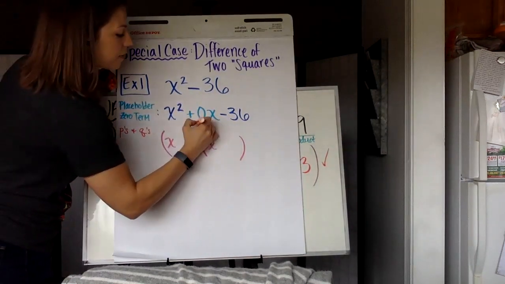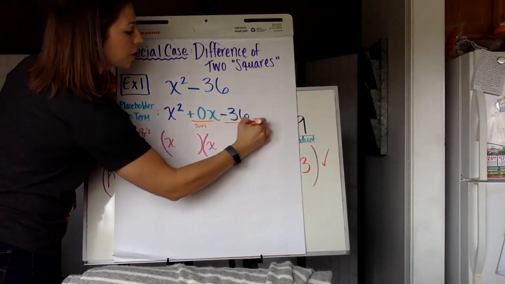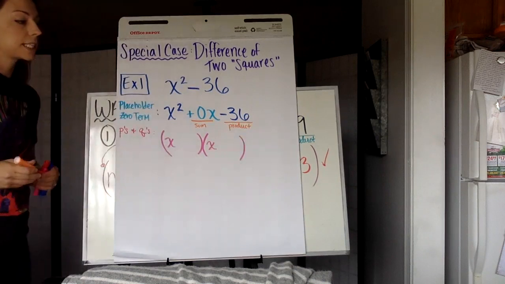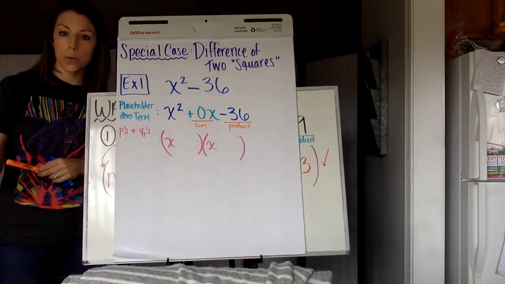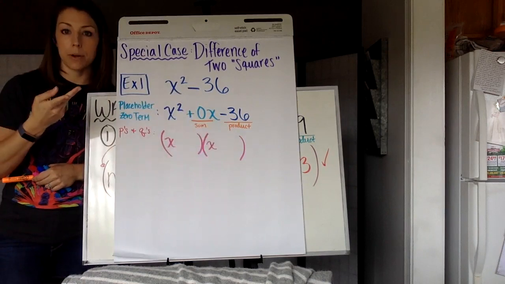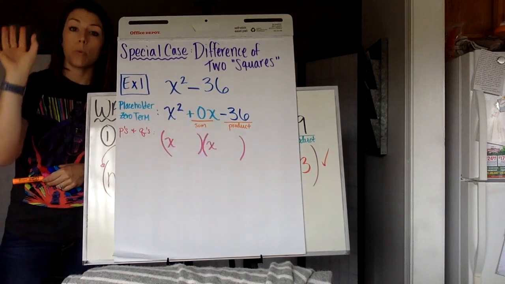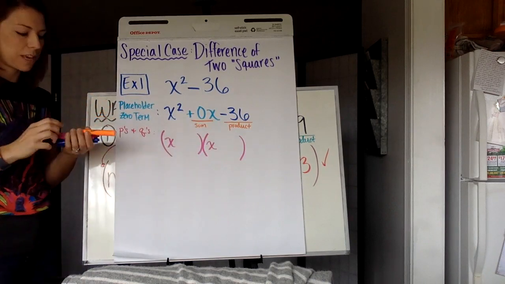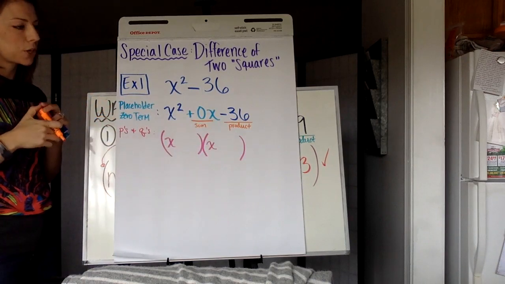What 2 numbers have a sum of 0 and a product of negative 36? Now, if you remember from the warm-up, how do we get a sum of 0? We get a sum of 0 by adding opposite numbers, meaning same digit, but one of them is positive and one of them is negative. So that should basically help you figure out what your P's and Q's are going to be.